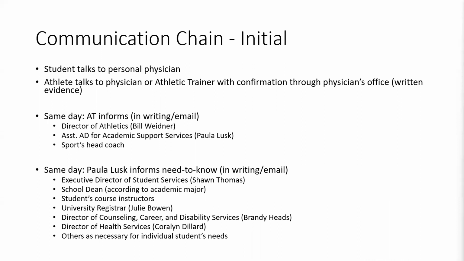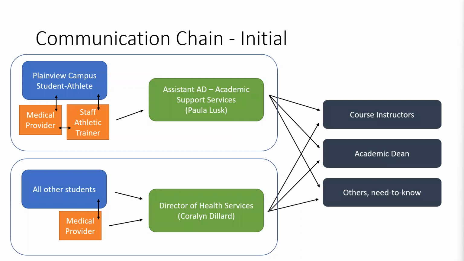So the communication should work as follows. There's a lot of words on this slide, so I'm going to skip to a simpler diagram for all of us. Again, the chain of communication is broken into 2 different paths, depending only on whether the student is a Plainview campus student athlete.